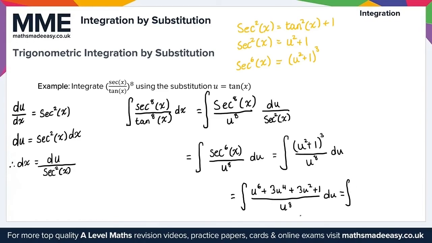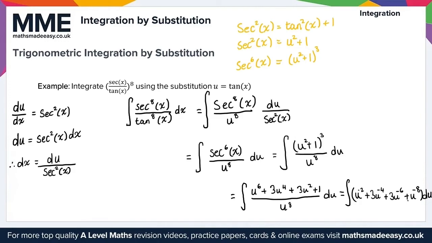I'm just dealing with the denominator now. 3u to the 4 over u to the 8 gives plus 3u to the minus 4. 3u squared over u to the 8 gives 3u to the minus 6. And finally, 1 over u to the 8 is just u to the minus 8, so plus u to the minus 8. And that's all with respect to u.